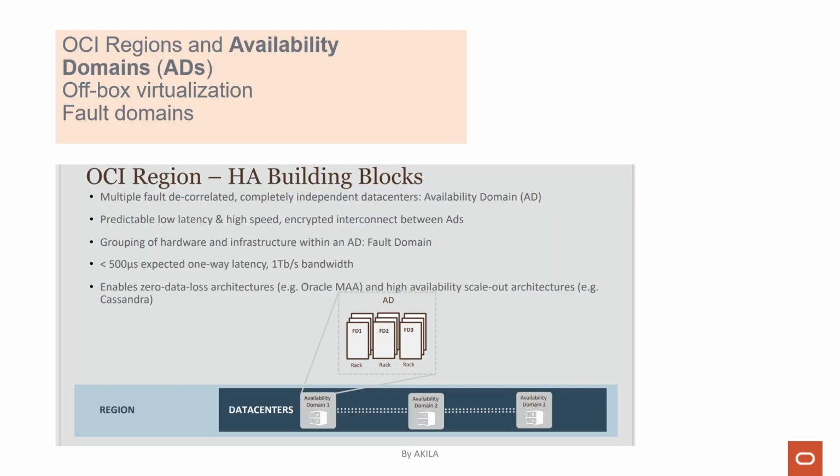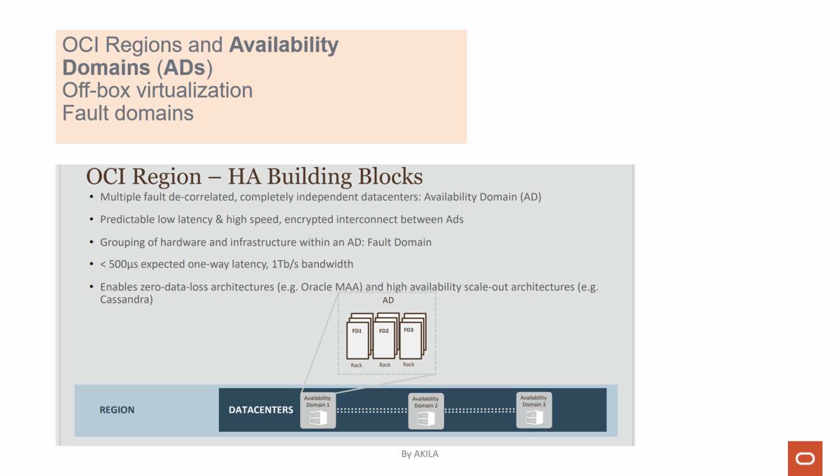Now coming to our Oracle Cloud Infrastructure Foundations. Hereafter I will say OCI instead of Oracle Cloud Infrastructure. For OCI, we need to learn about regions, availability domains and fault domains.